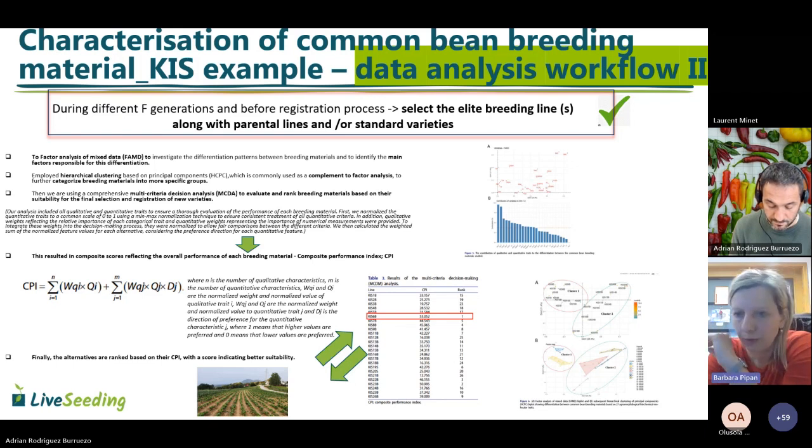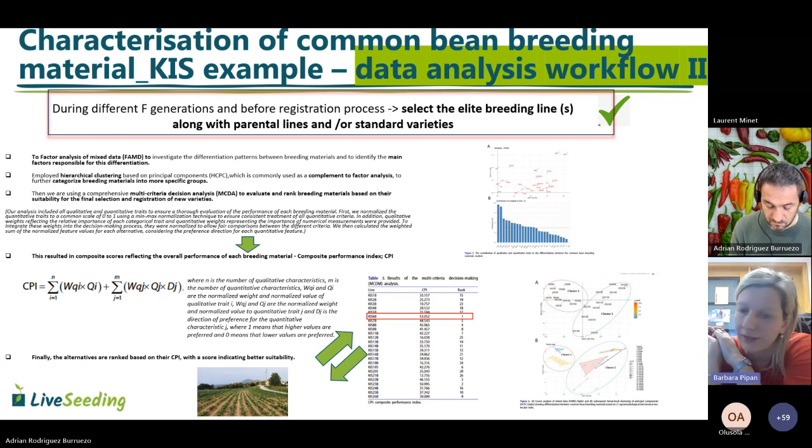And the second in importance is the genetic background for tolerance to water stress, which I will rank with 2. And then like this, and then we combine those traits, all traits for which data and results are available within the same analysis, which allows us to select the best breeding line.